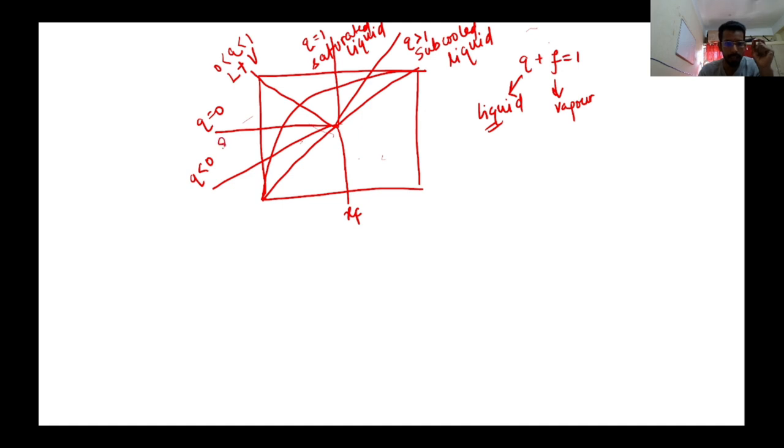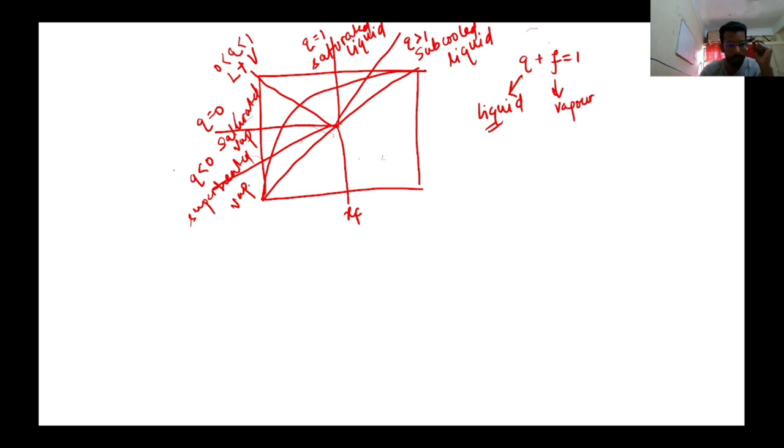Here we have saturated vapor only, no liquid. And here we have superheated vapor, no liquid.